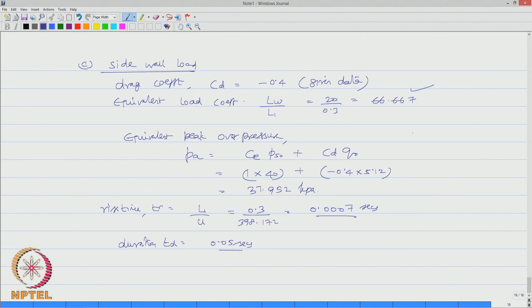Let us try to plot this in the pressure time scale. We know that this is going to be 37.952 as you see here, and this value is going to be 0.05 seconds. This is for the sidewall.